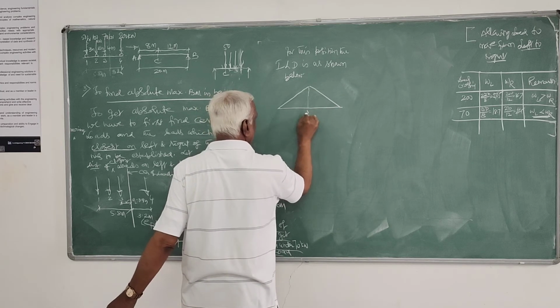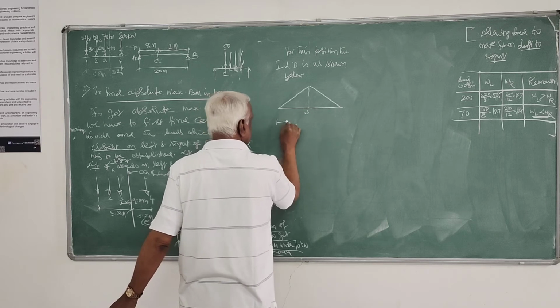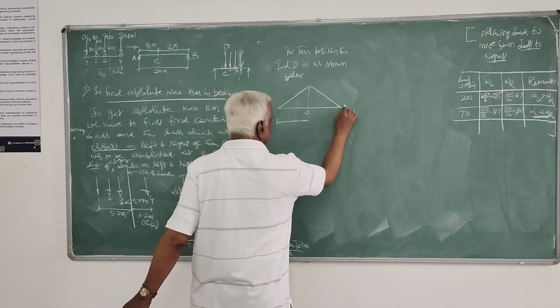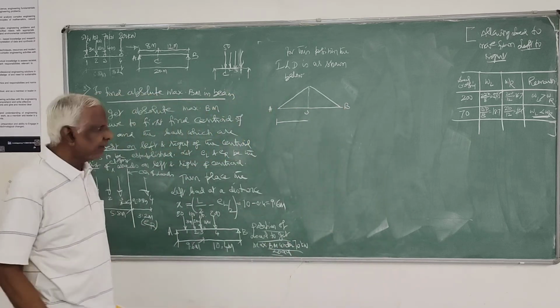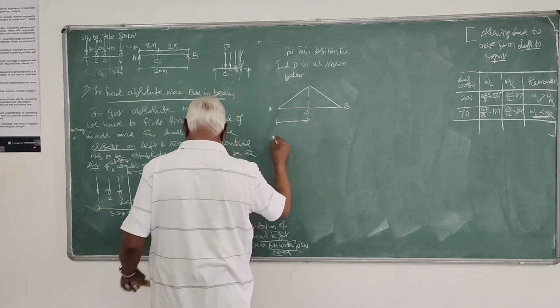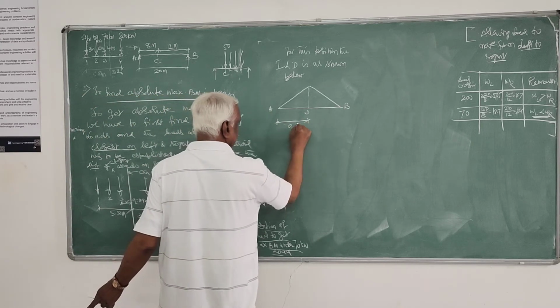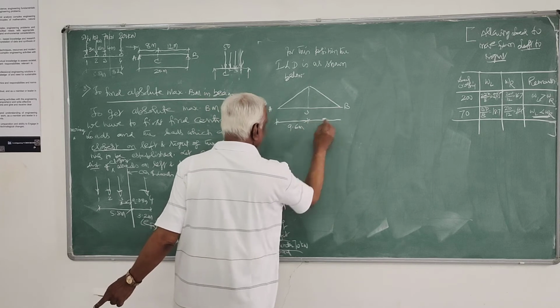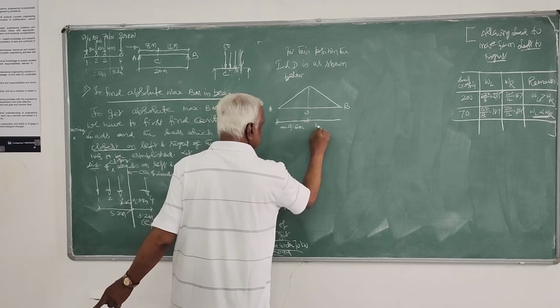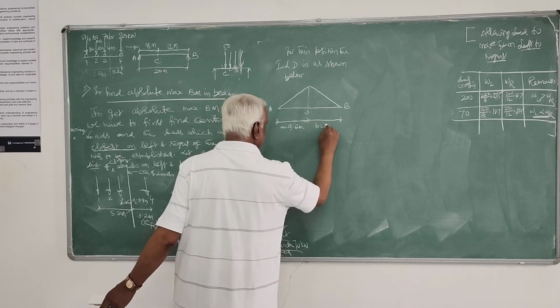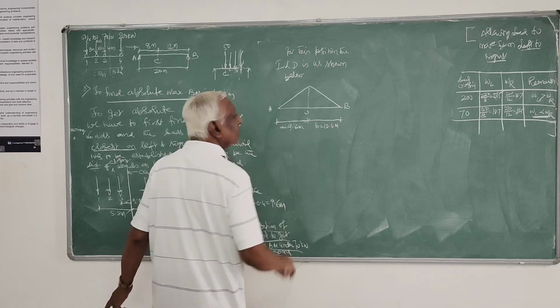This is load 3 point. So this is A point, this is B point, and this distance is 9.6, and this is 10.4, right?